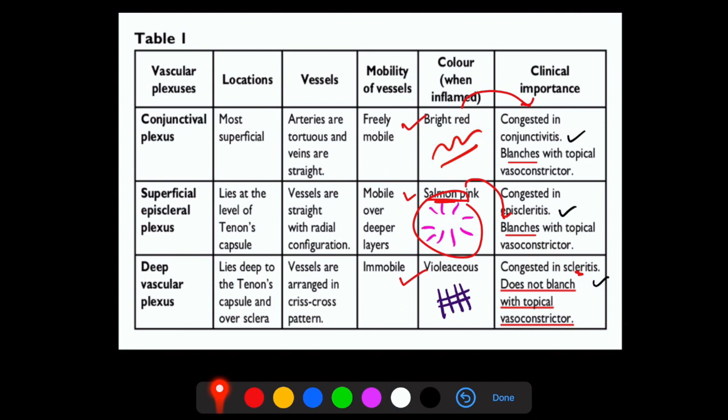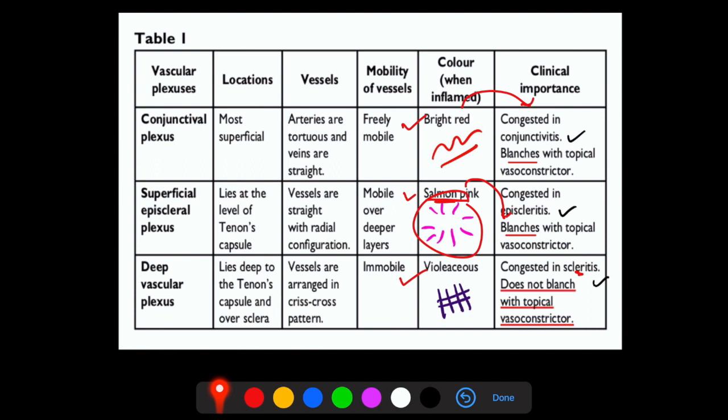So in conjunctivitis and episcleritis, when I instill 10% phenylephrine, both of them will blanch. But if I put 10% phenylephrine or a vasoconstrictor in scleritis, the vessels are not going to blanch, because that topical vasoconstrictor cannot penetrate deep enough to blanch the scleral plexus.